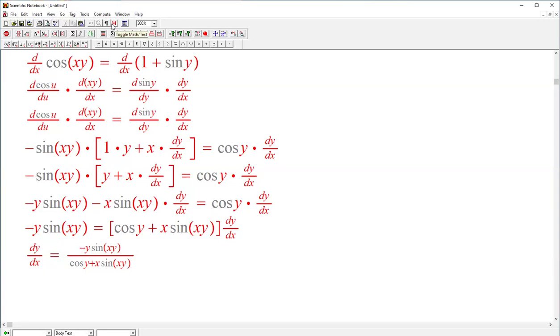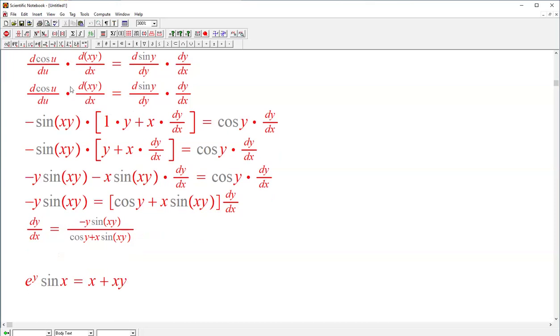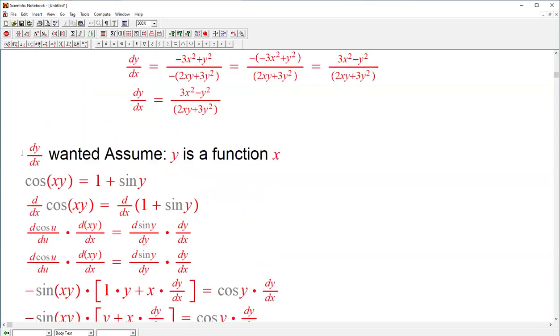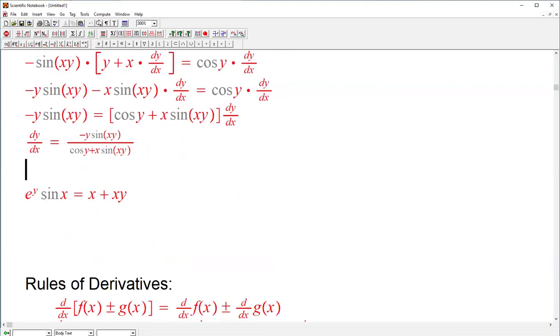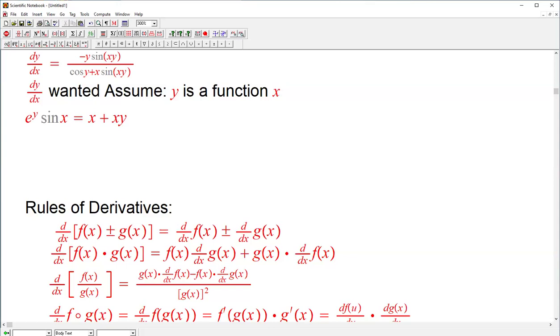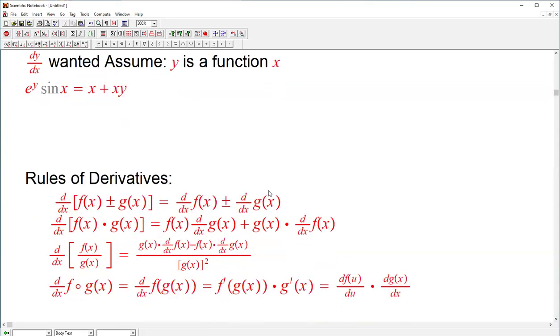Number 14, which is another example, we have e to the power of y sine x equals x plus x times y. And of course, once again, we want dy/dx. We have all these derivative rules next to us for our convenience.